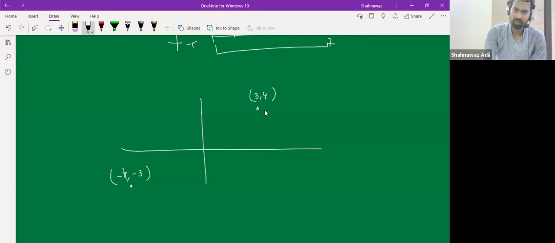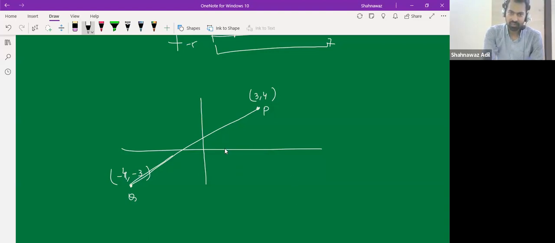This is point P, and this is point Q. How can I calculate the distance between these 2 points? I cannot directly write 4 minus 3 or something like that, right?